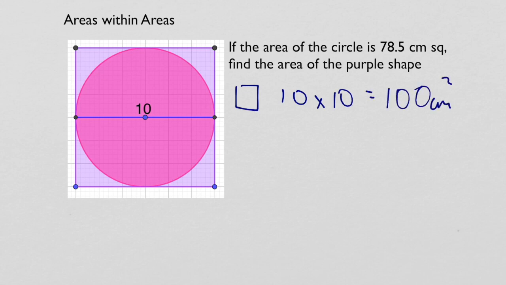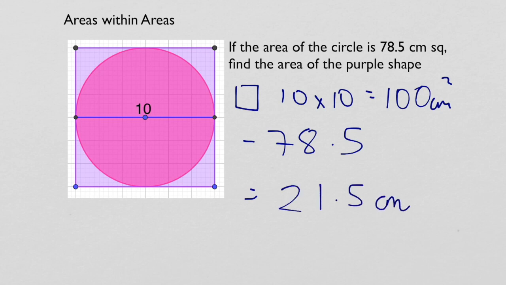And we can subtract the area of the circle, and we get our answer of 21.5 centimeters squared. So the same principle applies again. Just find the area of the bigger shape and take away the smaller shape to find the difference there. Okay, and the last type of question coming up.